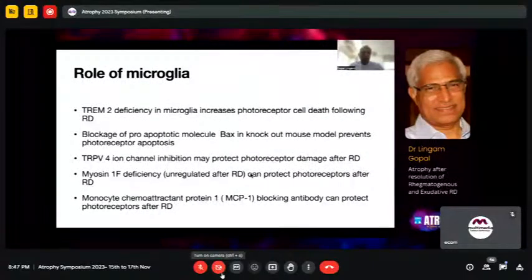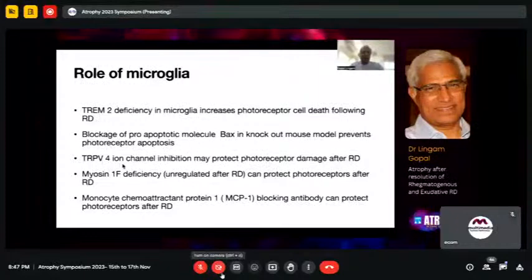Microglia are said to be very important in the overall causation of damage of the photoreceptors after retinal detachment. It is seen that if you block the pro-apoptotic molecule BAX or reduce the deficiency of TREM2, we understand that photoreceptor cell death can be prevented to some extent.